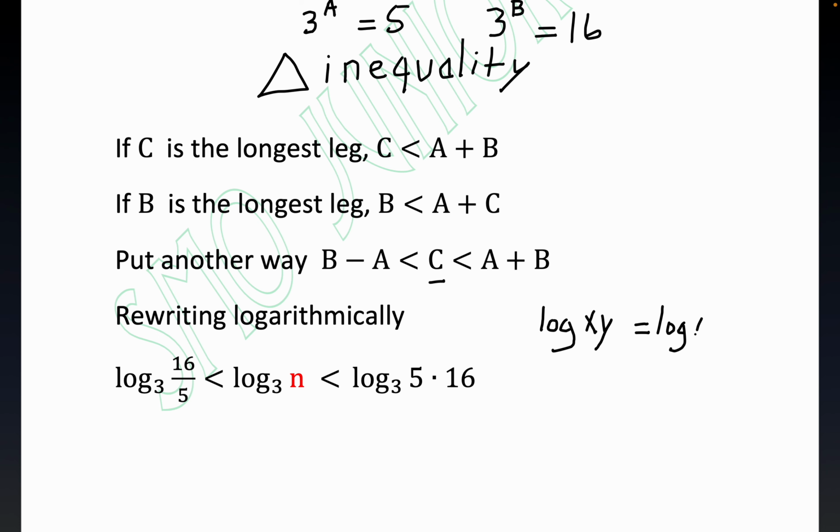The reason I'm writing this down is that you all probably know this, but these are the two properties used to write these two statements. You can see right here, 5 times 16: we have a sum, so the sum becomes a product.